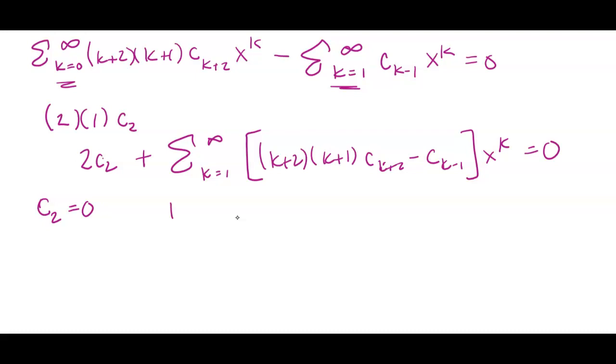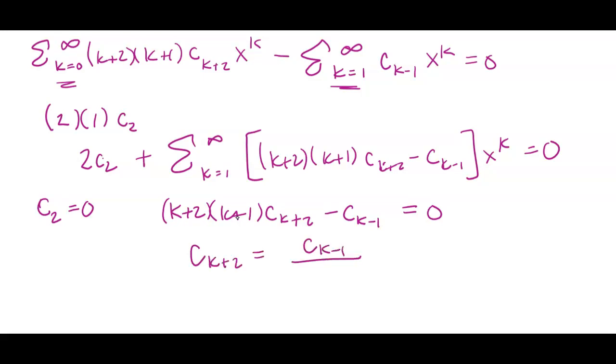And then I also know that this coefficients equation must be equal to 0 as well, or c to the k plus 2 must be equal to c to the k minus 1 over these two.